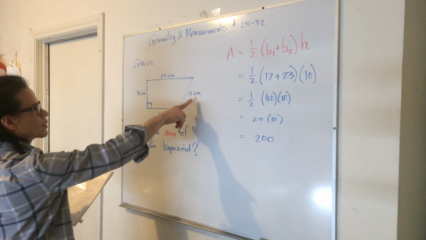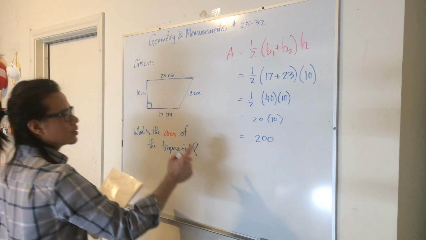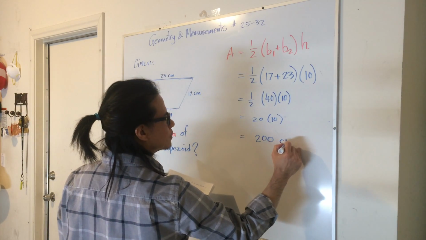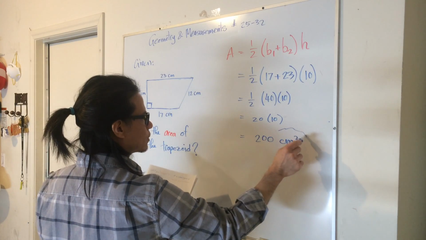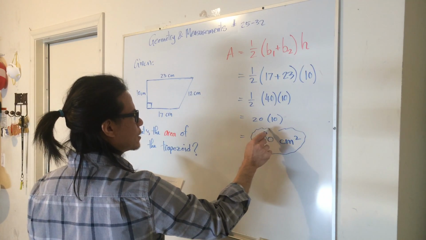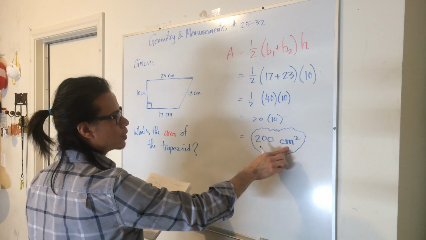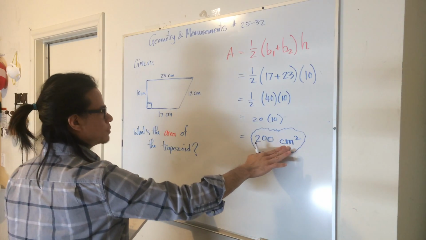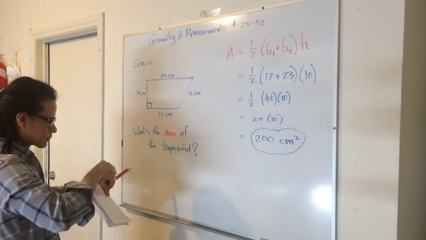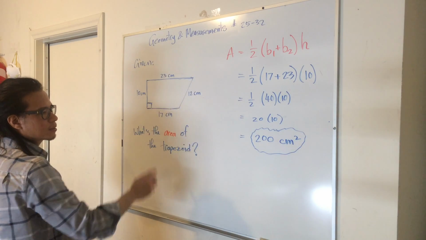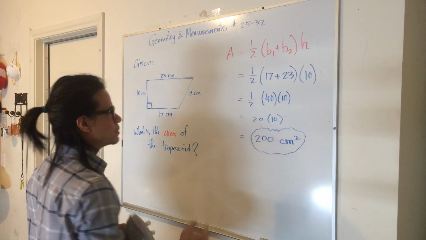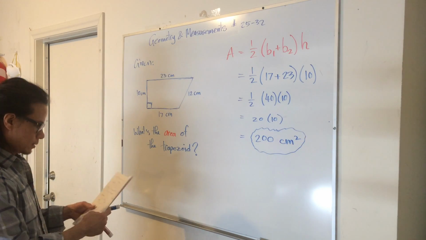Our unit for area is going to be centimeter squared. Okay, so that takes a little intuition to know what the unit will be. Since we're given centimeters as the distance, our area is centimeter squared.